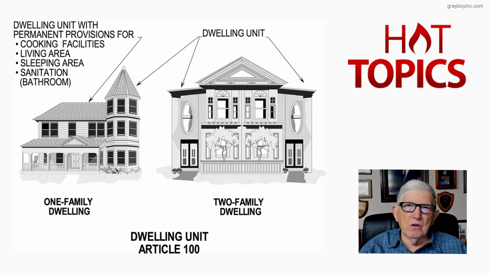But notice in Article 100, a dwelling unit is defined with permanent provisions for cooking facilities, living area, sleeping area, sanitation areas such as a bathroom. And of course, these are just definitions of a single family and two-family dwelling outlined in Article 100 and defined for the user of the NEC.